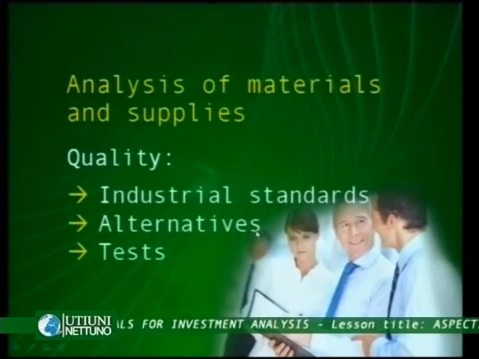Third, tests. We might have laboratory tests for some raw materials, or we could test the raw materials or whatever materials and supplies in other plants which are similar to the one we're going to build up.